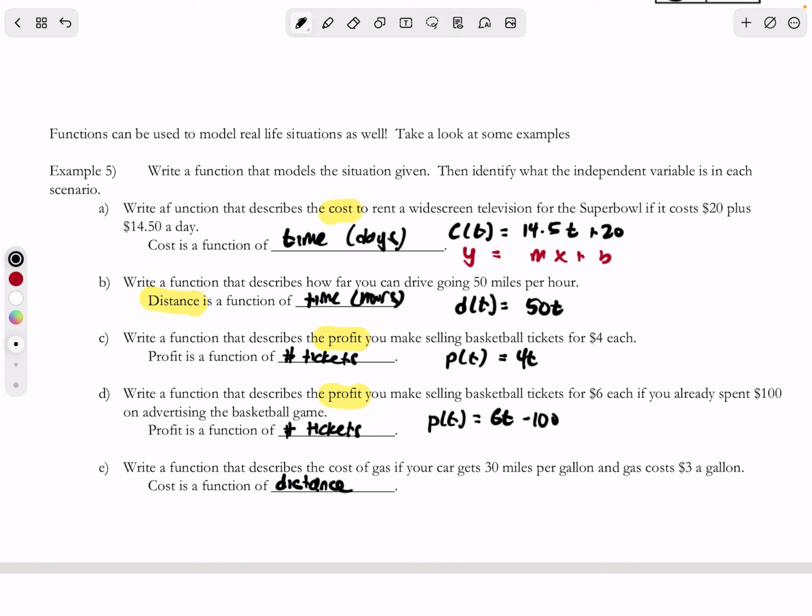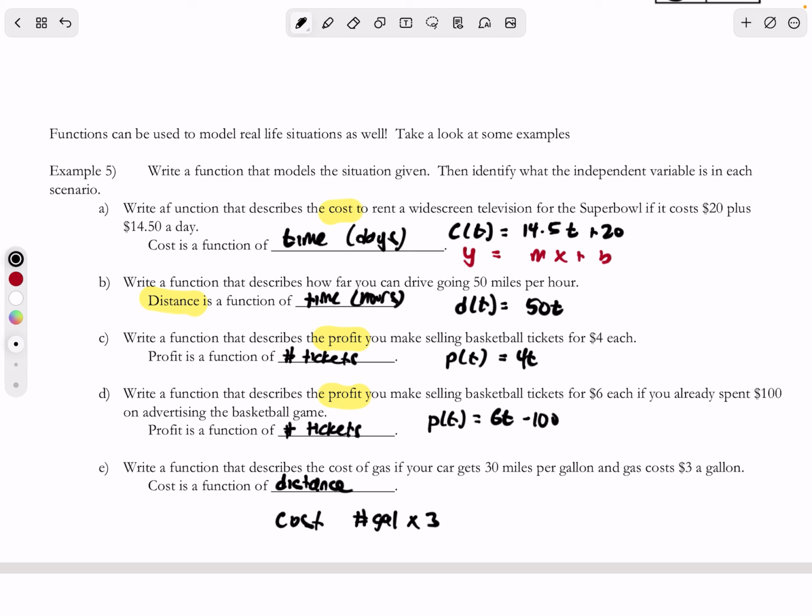So let's see, what is your cost? It's $3 per gallon. So my cost, informally, is the number of gallons I buy times $3.